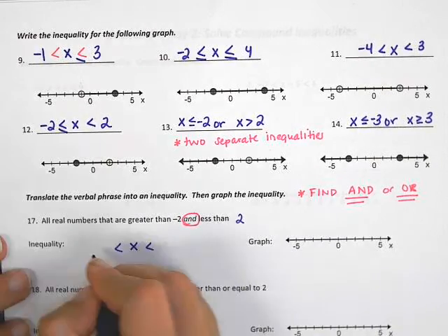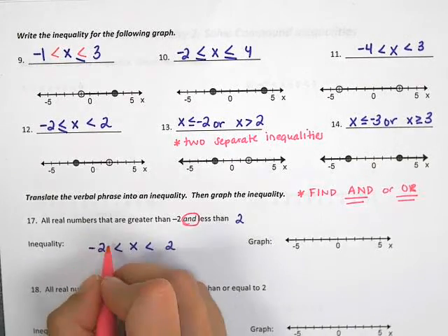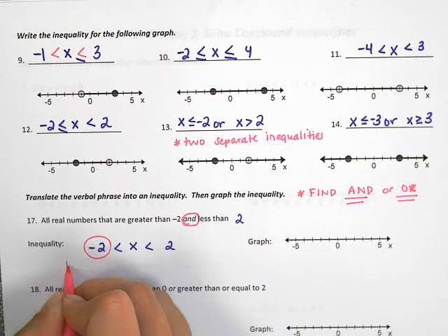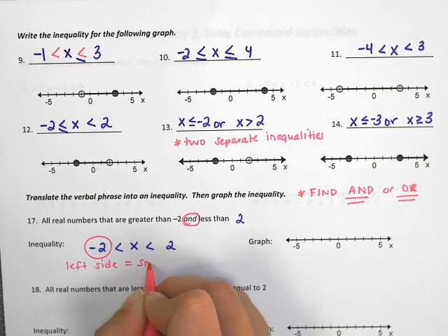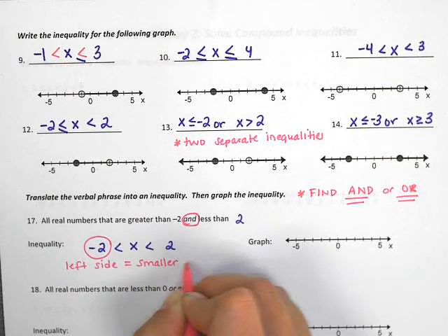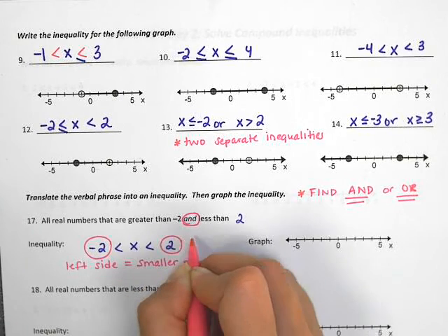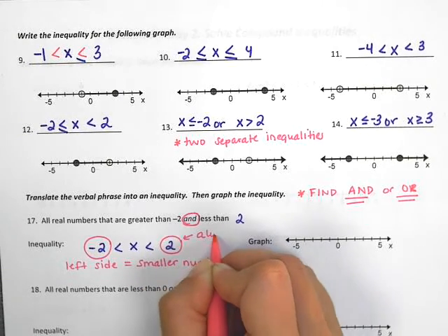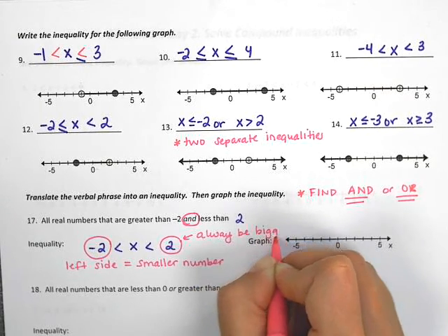So we're going to put the negative 2 on this side and the 2 on this side because the left side should always be the smaller number. And the right side should always be the bigger number.